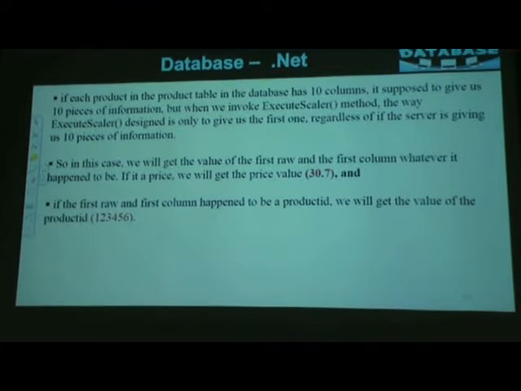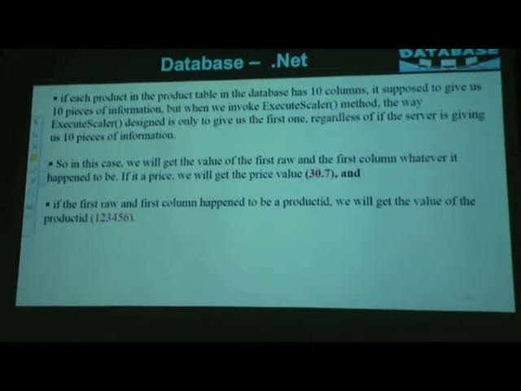It is designed to bring only one piece of information. So in this case, we will get the value of the first row and the first column, whatever it happens to be. If it happens to be the price, we will get the price. If the first row and first column happen to be the product ID, then we will get the product ID.